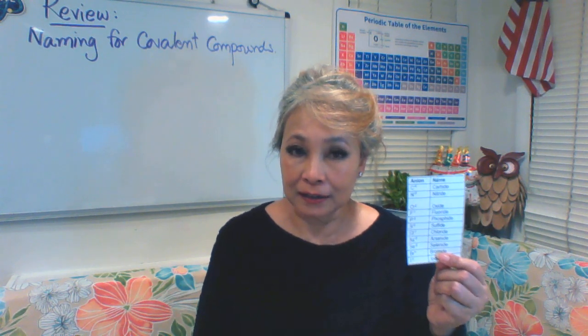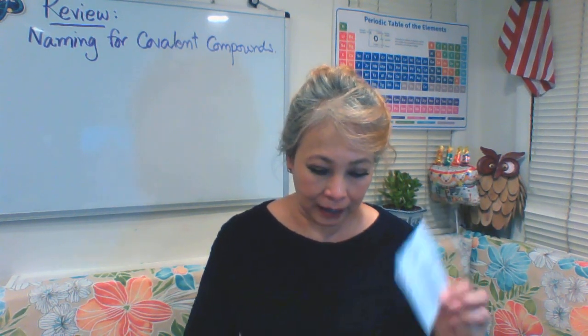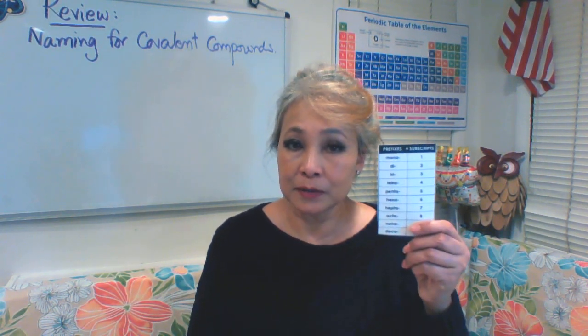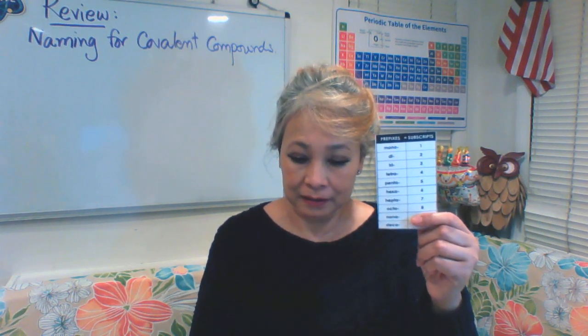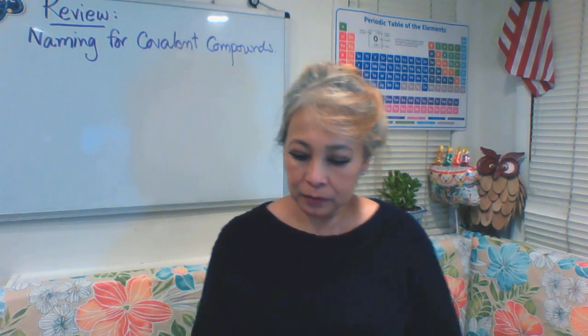You have your suffix ide, the name for the nonmetal ide. Then you have the prefixes, or subscripts, or the number of atoms card. Let's get started with the first one.